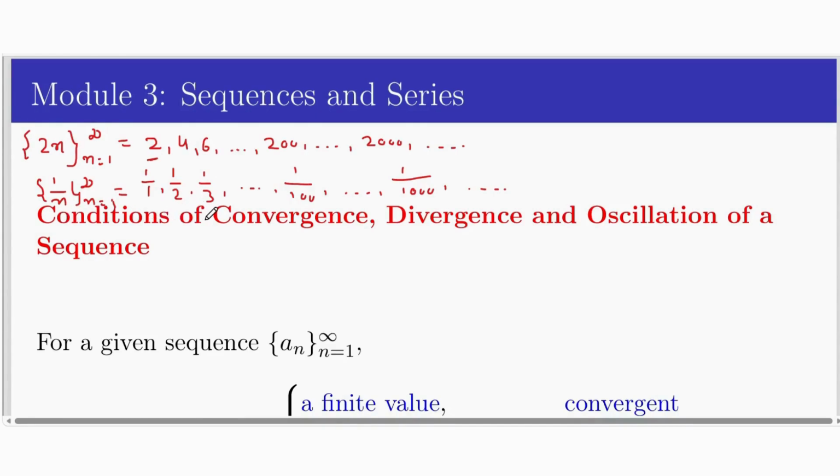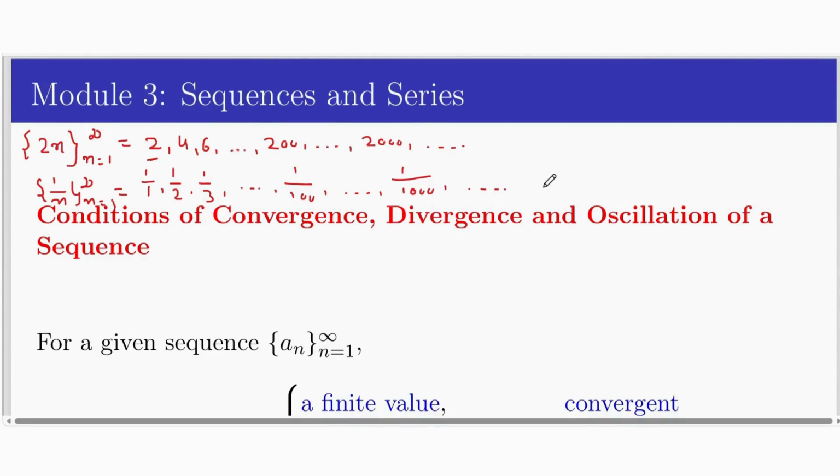Here, as we know, as the denominator increases, the entire number decreases. So the first term is 1, and as we move towards infinity, the terms decrease.